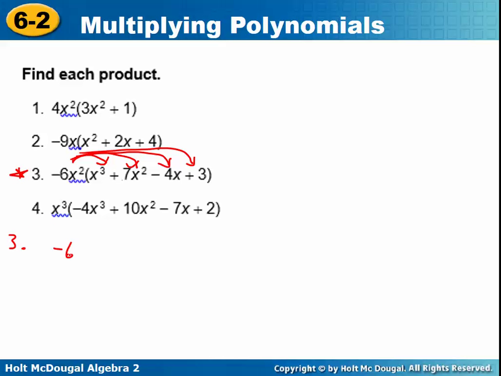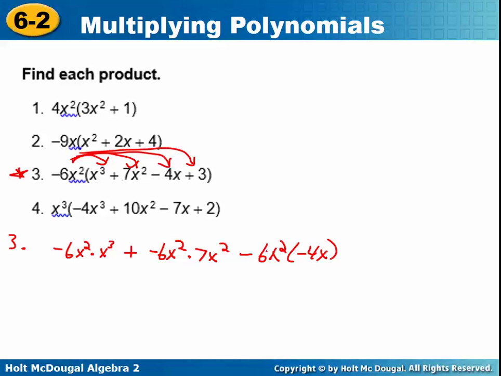So I'm going to have negative 6x squared times x to the third. And then it's a plus, but that negative has to stay with the 6x squared. So 7x squared. Oh, here I've got a minus and a minus. So I guess I can write minus 6x squared times minus 4x.